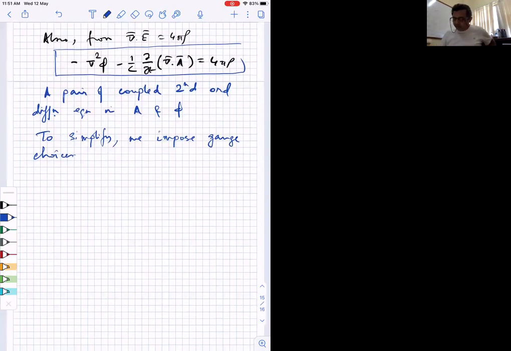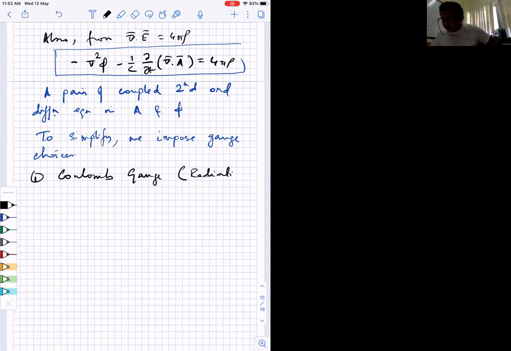So let us look at the first gauge choice. The first gauge choice is known as the Coulomb gauge. So there's something called the Coulomb gauge. You always make mistakes with the spelling of Coulomb gauge. It's called the Coulomb gauge or radiation gauge.